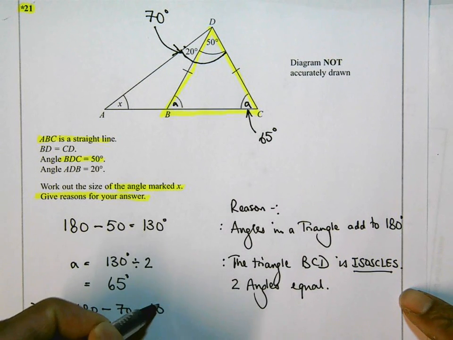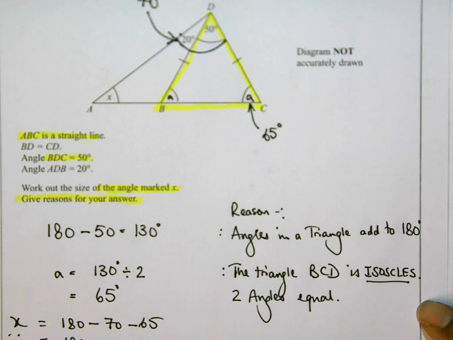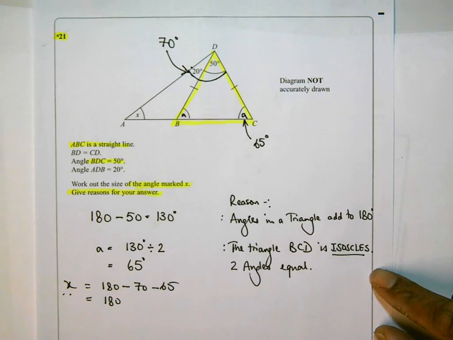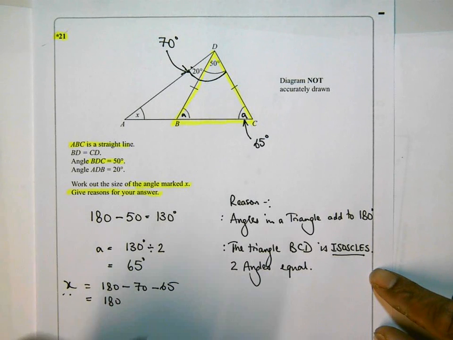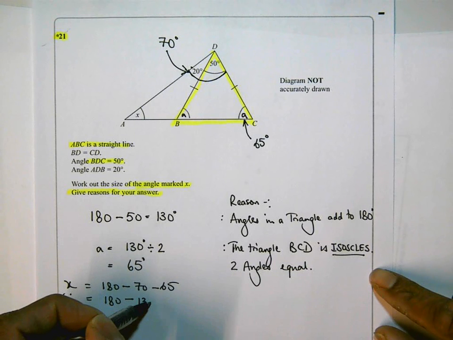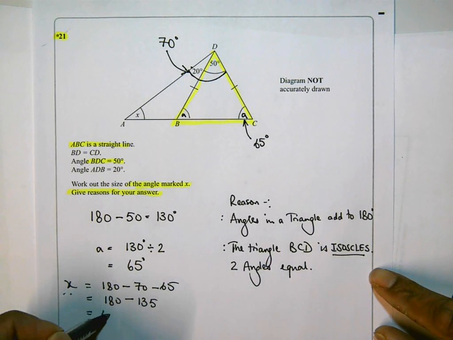With 70 and 65, add 65 is 135, and then 180 take away 135 is going to be 45 degrees. So X is 45 degrees.